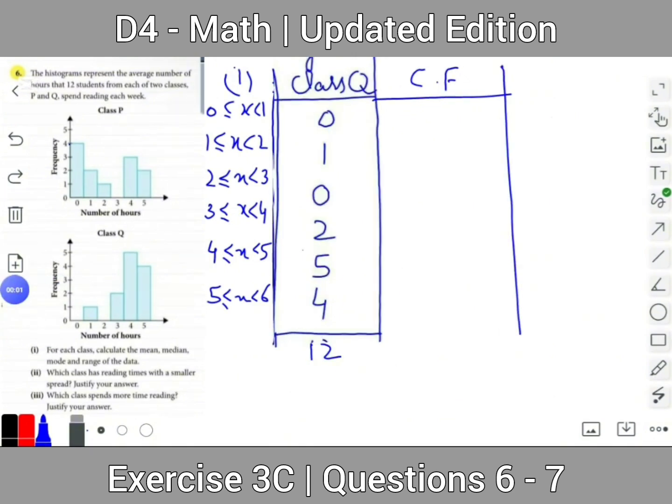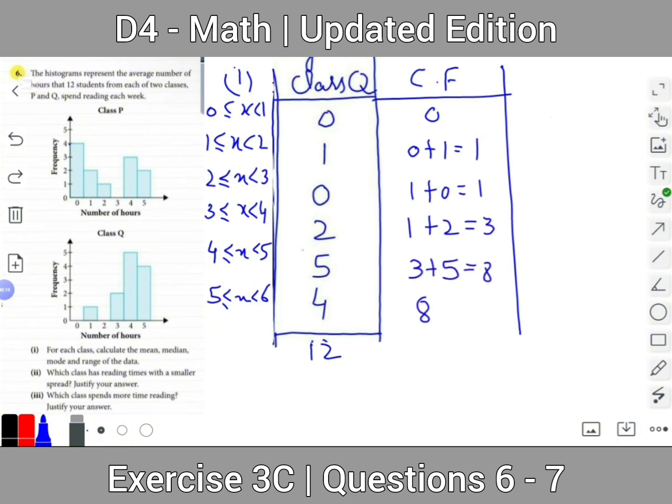To find the cumulative frequency for class Q, we have 0 add 1 is 1, add 0 again is 1, add 2 is equal to 3, add 5 is equal to 8, and 8 add 4 is equal to 12. Since the position of the median is 6.5, we have to find the value greater than 6.5, and that is 8.